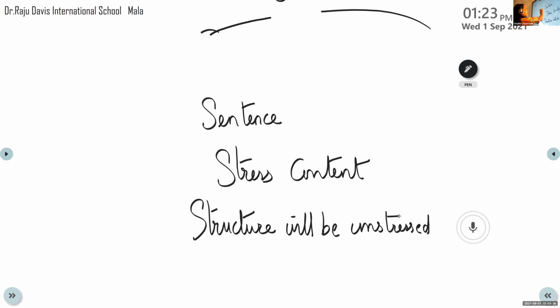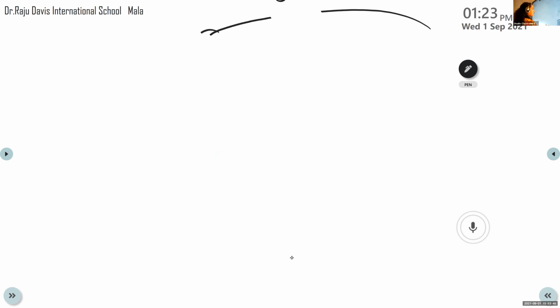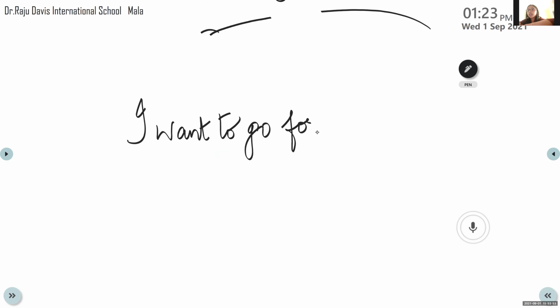So take the example that we were saying yesterday. I want to go for a walk. Can you tell me which the content words are here?